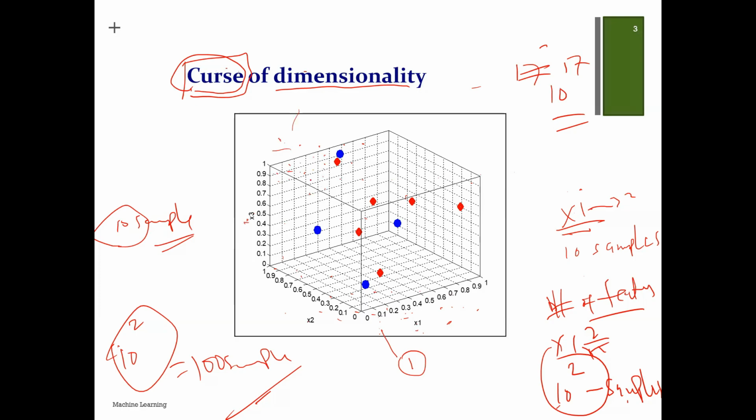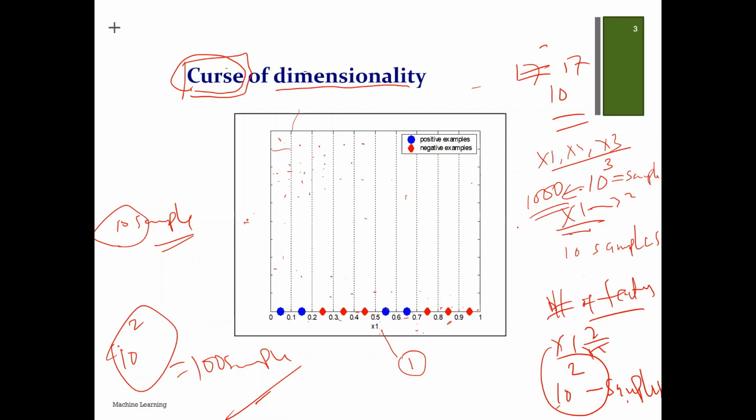We need to fill all the spaces, which means with 3 features, X1, X2, and X3, we need at least 10 raised to the power 3 samples, which translates to about 1,000 samples, in order for your model to have the same accuracy that it had when it had only one feature.